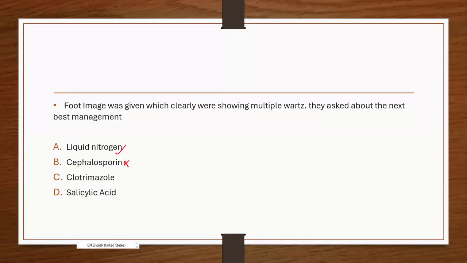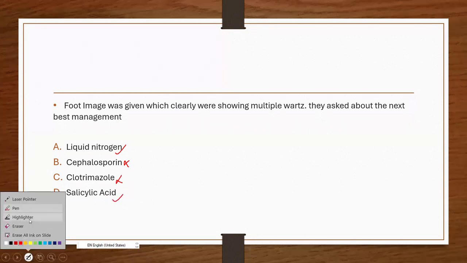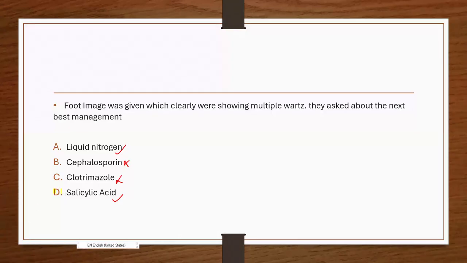Cephalosporin antibiotic is not indicated. Clotrimazole, an azole, is not indicated because it is not a fungal lesion. Salicylic acid, yes, it is the initially recommended therapy as a local application, so answer D is the correct answer here.